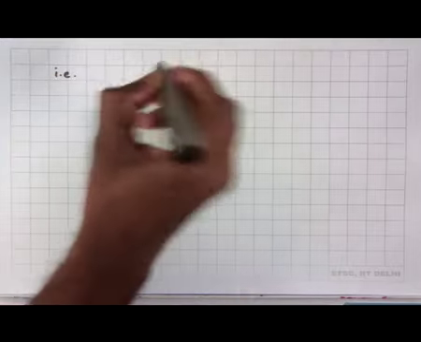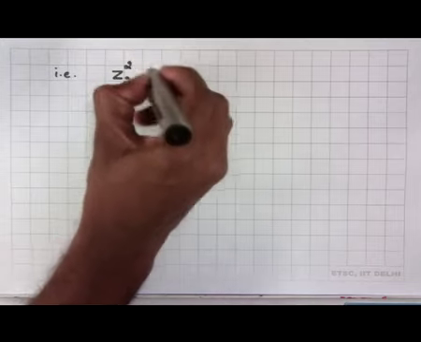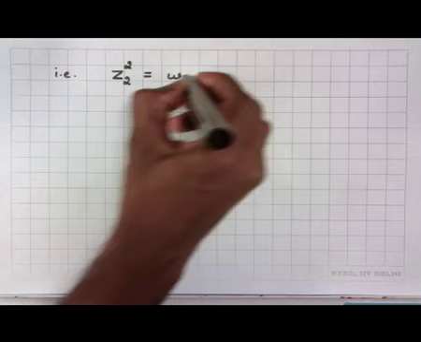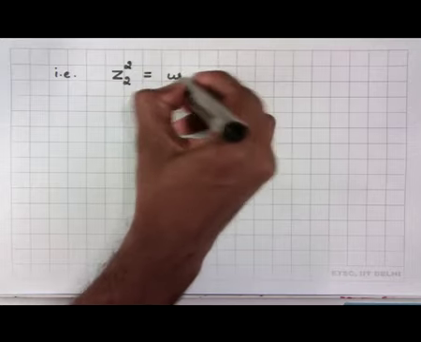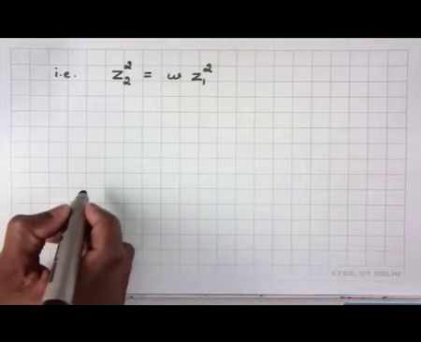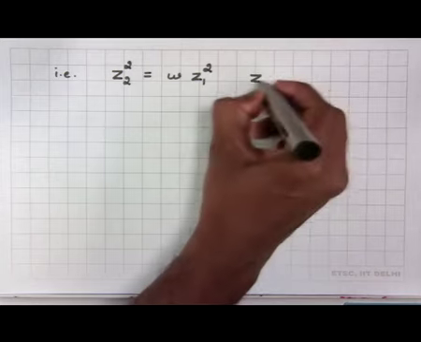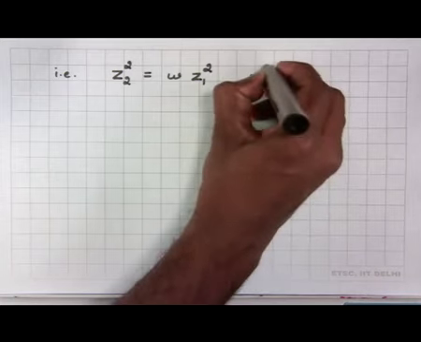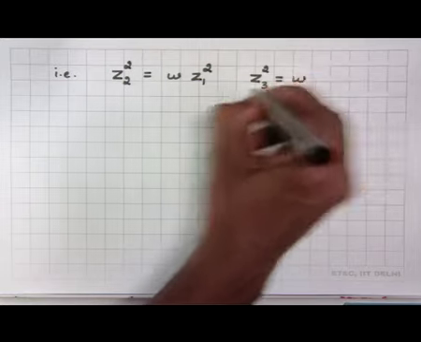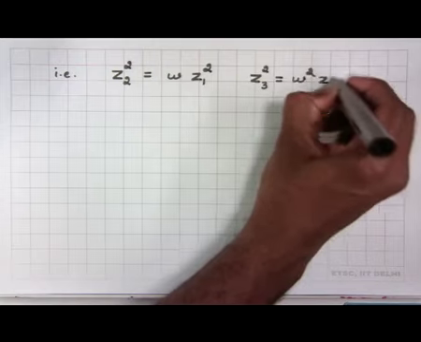That is, we can obtain one vertex by rotating 120 degrees, that is, multiplying Z1 square by the cube root of unity, and we can obtain the other vertex, that is Z3 square, by multiplying by a further omega to this quantity, that is omega square Z1 square.